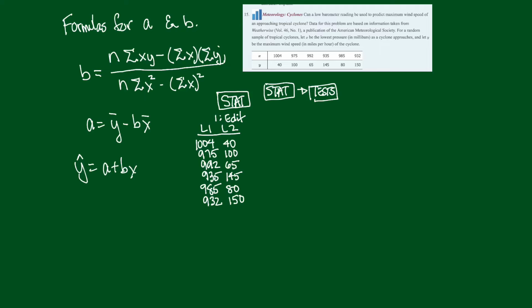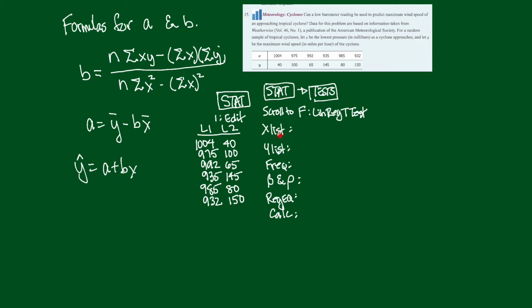Go to Stat, right arrow over to Tests. Now you scroll down quite a ways. Scroll to item F. Item F says Linear Regression T-Test. When you press enter from F, you end up with all this stuff here. So what do we want for our X list?